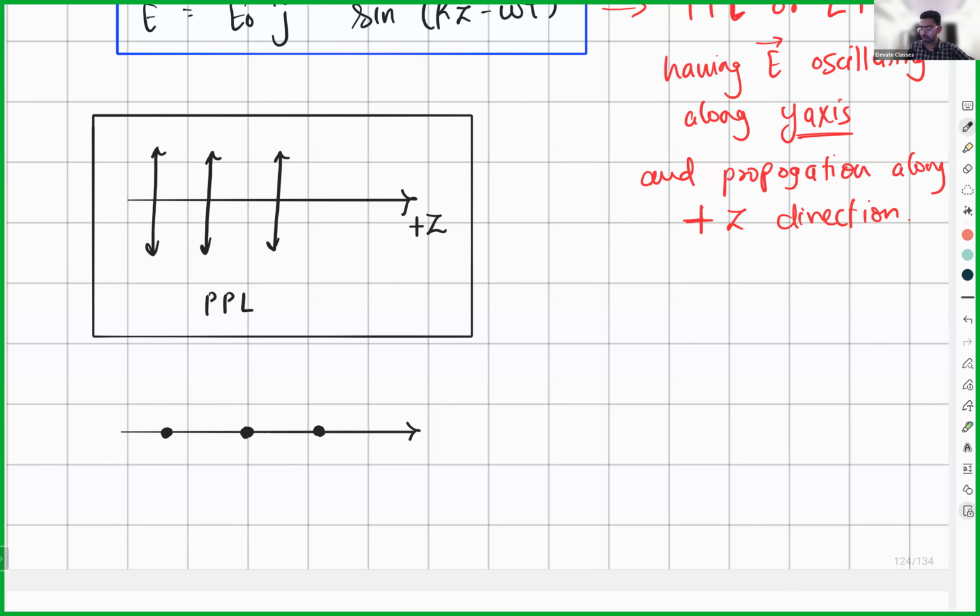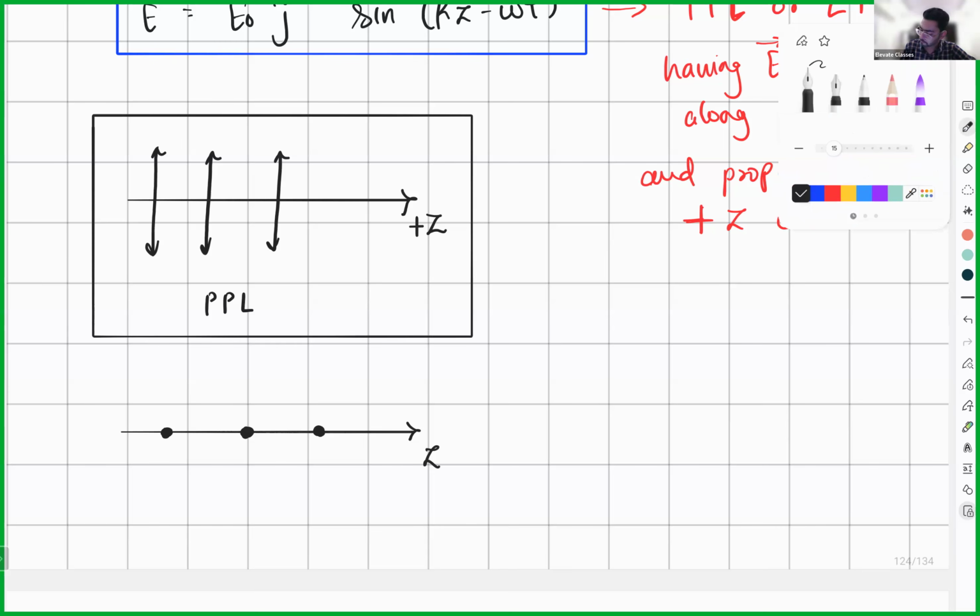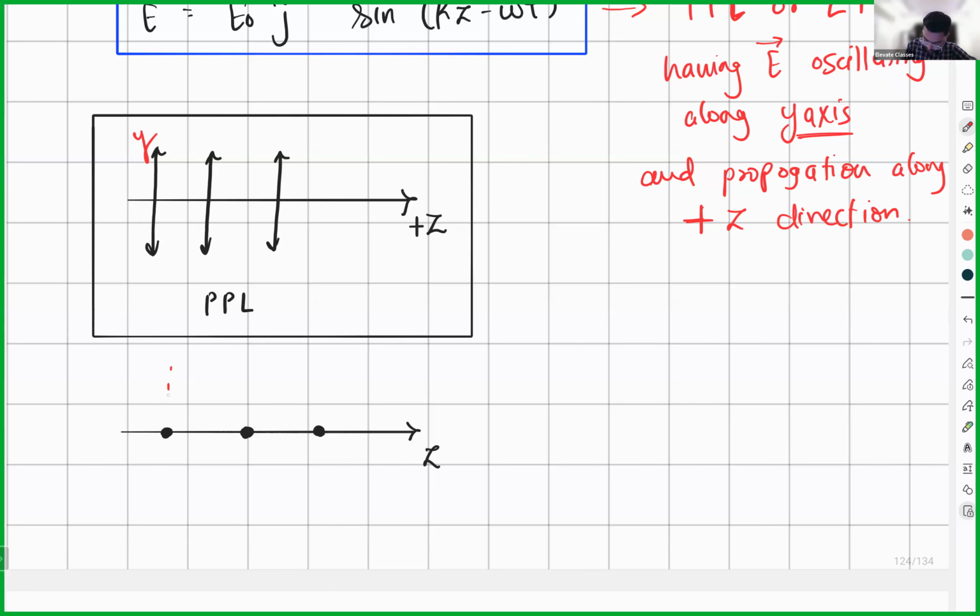For this type of light, you see that the oscillating electric field has the direction of x direction. If I regard this as the y direction, so the outward coming vector, outward coming direction is the x direction.